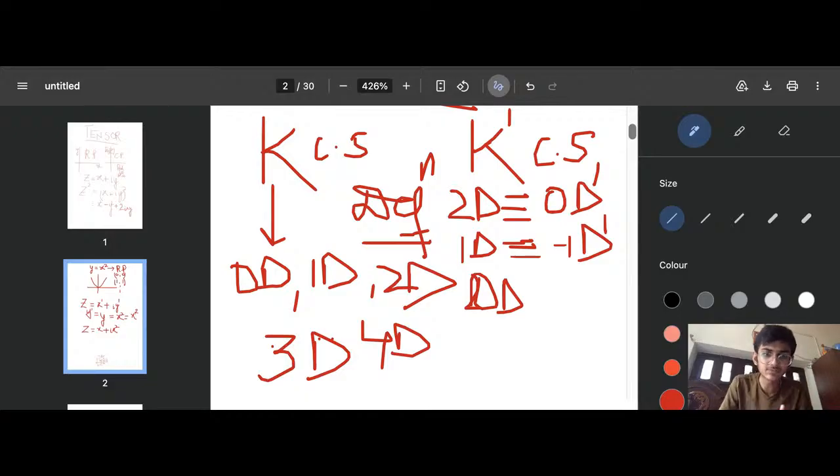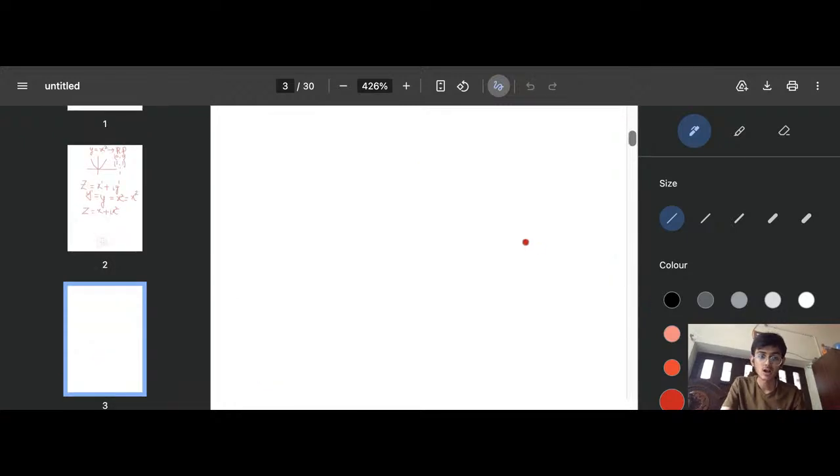We are just giving the definition in accordance with the given condition, that the 2D we will consider as 0D dash. So this will be minus 1, and this will be your minus 2D dash. Actually it is not possible in the real world, but through coordinate transformation, through a definition, we can make it exist.